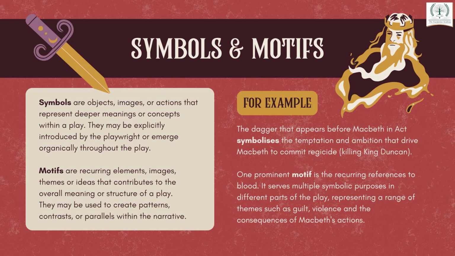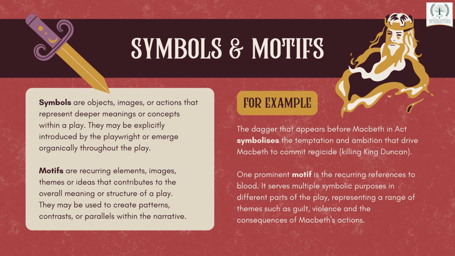Motifs are recurring elements, images, themes, or ideas that contribute to the overall meaning or structure of a play. They may be used to create patterns, contrasts, or parallels within the narrative.